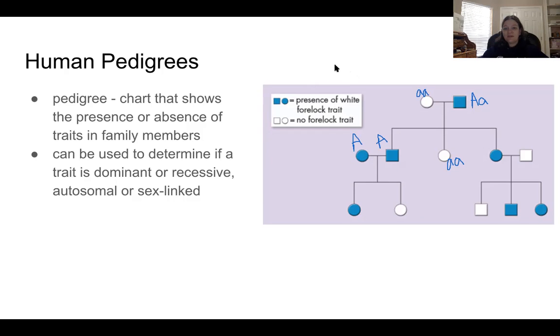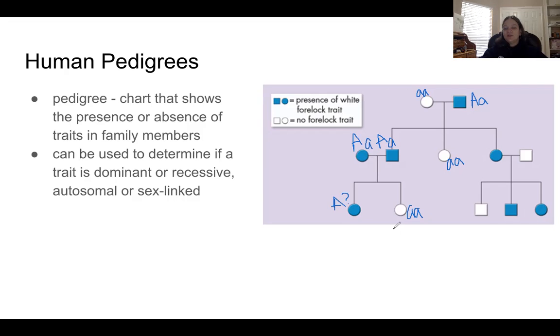And if both of these individuals are heterozygous, they could pass it on. It's hard to predict what this daughter would be. She would be a question mark or a blank because we don't know whether she got the big A from mom and a little a from dad, or big A from both. We don't have enough information, right? But we know this daughter got the recessive condition of having a normal forelock because she doesn't have the white.